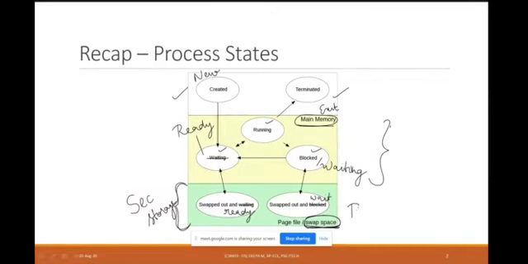So swap space is also called backing store. This swap space or backing store is used for having a backup space for your ready and waiting processes. So we'll go to the next one.